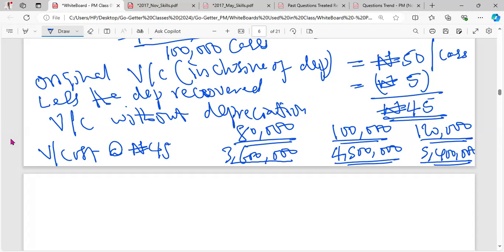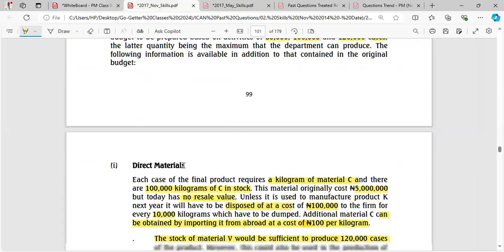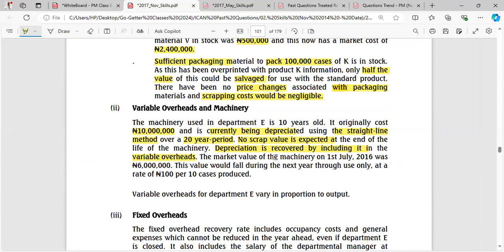I'm here now. Then let's look at the question. It appears the variable cost is not finished. They said the market value of the machinery on 1st July 2016 was 6 million. Now, why are they giving us dates? 1st July 2016.